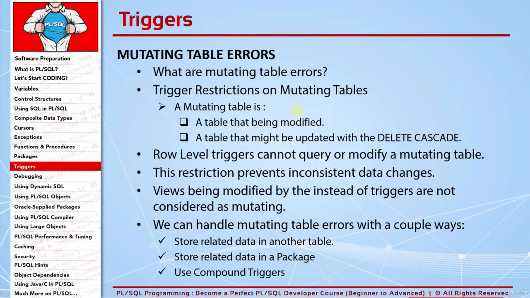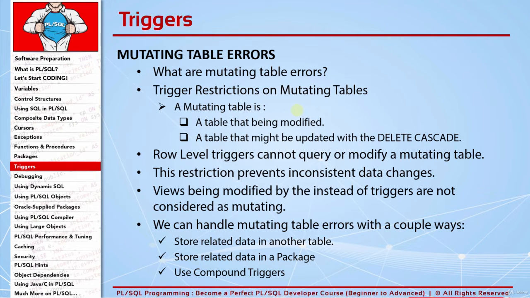Besides, in a trigger, some people think that if I take these queries or updates, etc., into a function or procedure or a package, this will solve the problem. But no, even if you do your modifications in a different place, since you will run that inside of your row level trigger, you will also get a mutating table error.